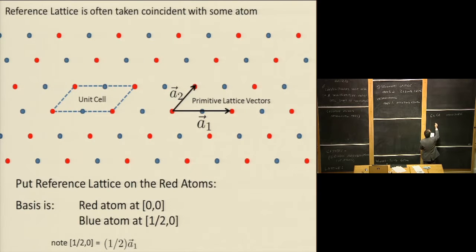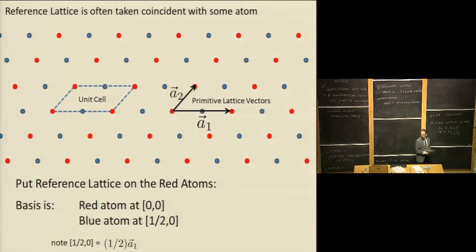So the definition of the cesium chloride structure is a simple cubic, or primitive cubic, lattice with a basis, where we put the cesium at position 0, 0, 0 on the lattice point, and the chlorine at position 1/2, 1/2, 1/2.